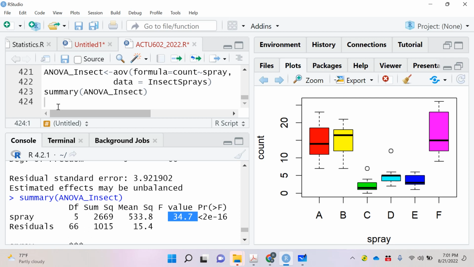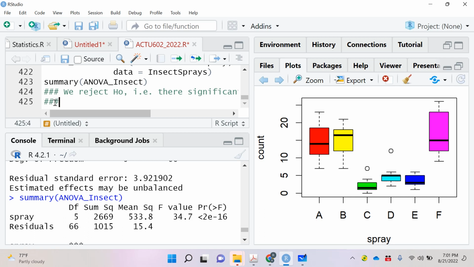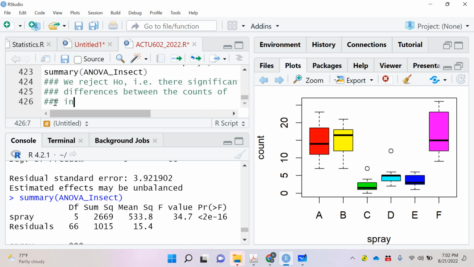So I'll just write that we reject the null, we reject H naught, that is, there are significant differences between the counts of insects killed by the sprays.